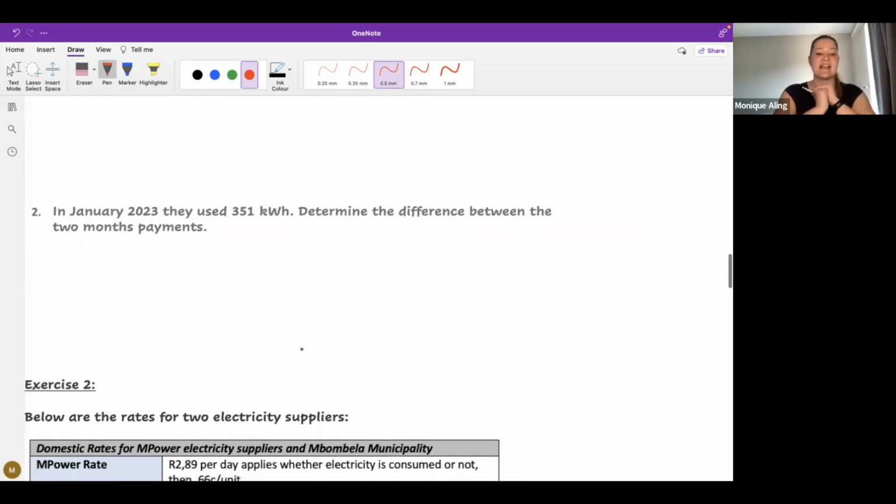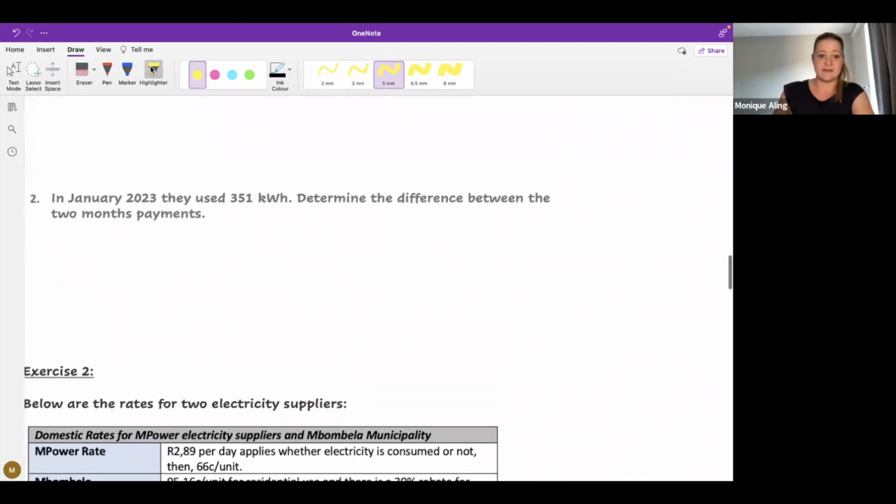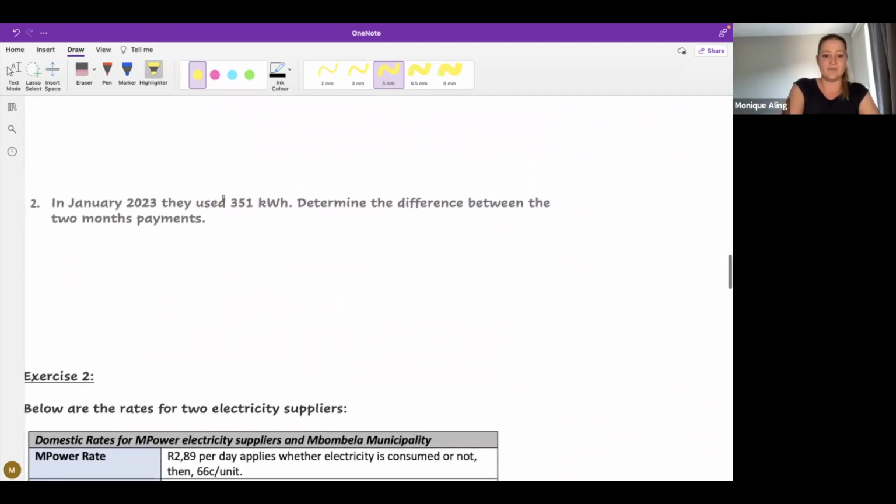So it says, in January 2023, they used 351 kilowatt hours. Determine the difference between the 2 months' payments. Okay, so let's just pay attention to what they've asked for in this question. They have given us 350 kilowatt hours, and we need to work out the difference between the 2 months.